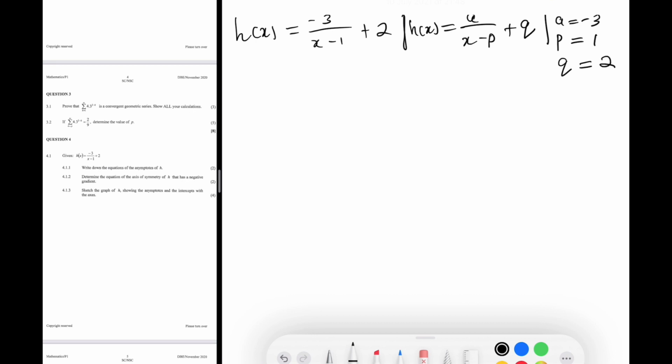Now, let's start with the vertical asymptote, which is usually abbreviated VA. To find the vertical asymptote, you set the denominator equal to 0. So the denominator is x minus 1 in this function.